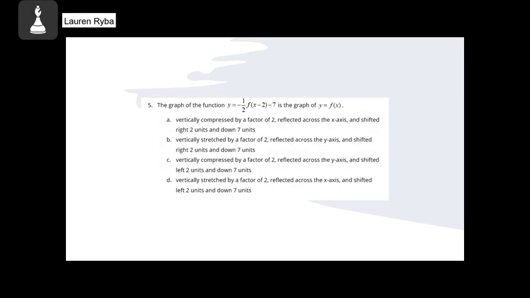Number 5, the function y equals negative 1/2 times f(x minus 2) minus 7. This does a whole bunch of things. So the first thing we see is a negative outside the front, and the negative outside the front is going to be an x-axis flip.